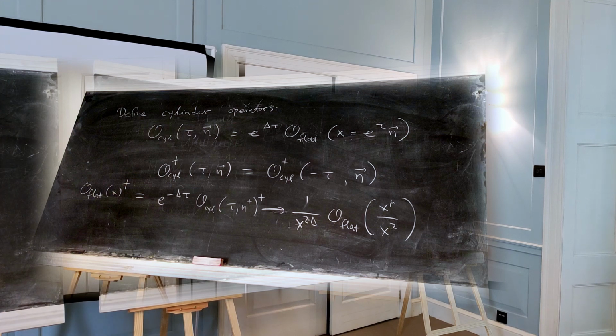Since it will change t, it will change tau to minus tau, so I will pick up a minus sign up here. So it will look like I am sort of inverting the position of the operator. So the dagger here is going to have e to the minus delta tau because of that minus sign over here in this equation.